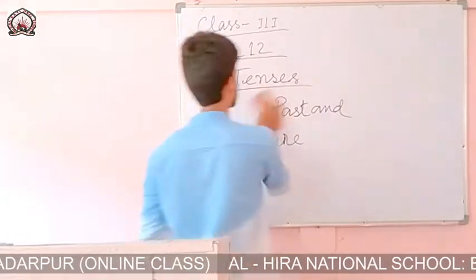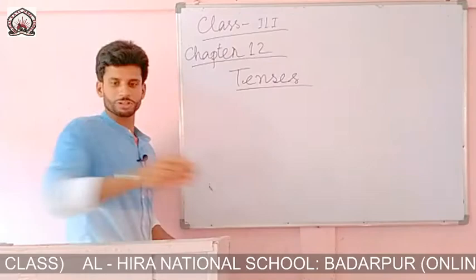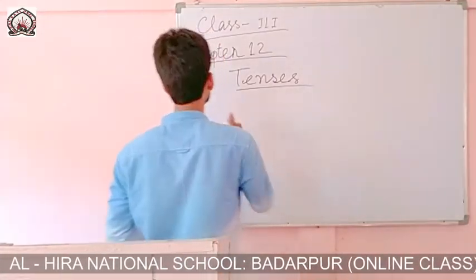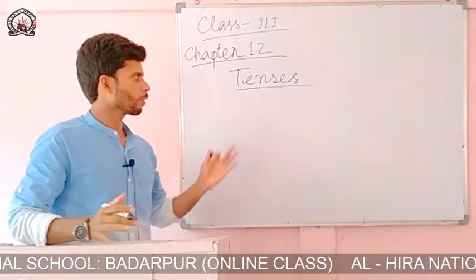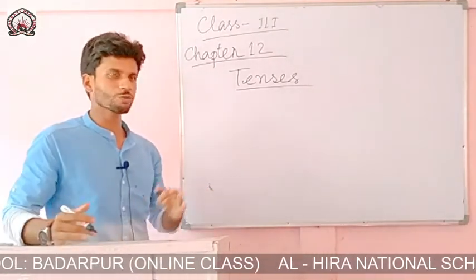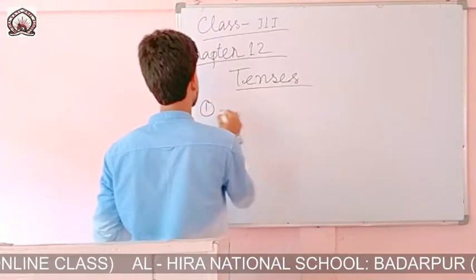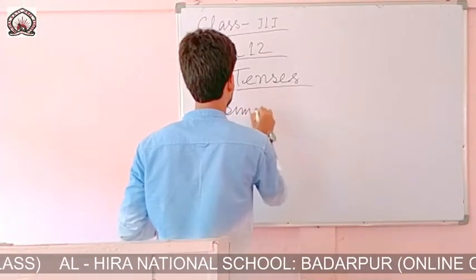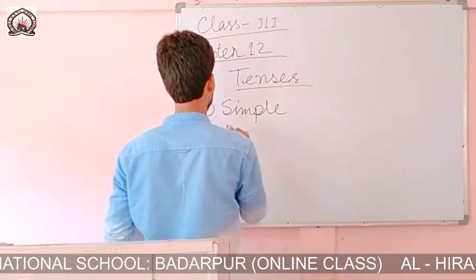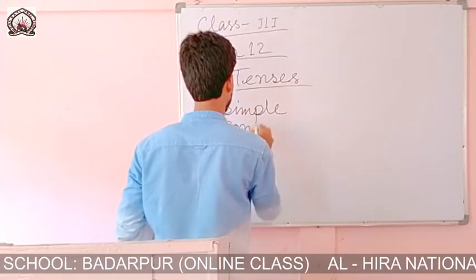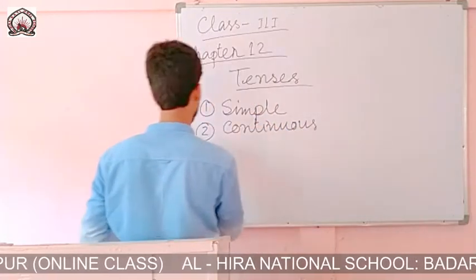Now I am writing the kinds or types first. All the three kinds of tenses are divided into 4 kinds each. The first kind is simple. The second one is continuous.